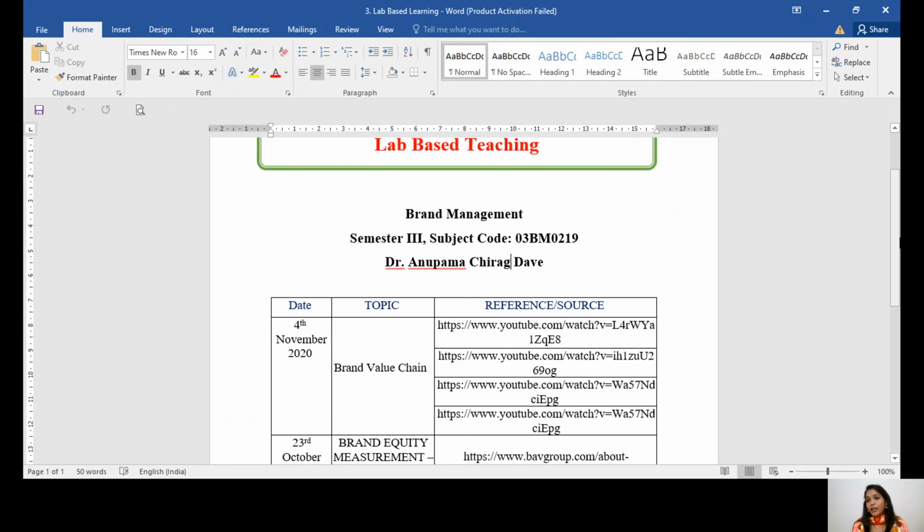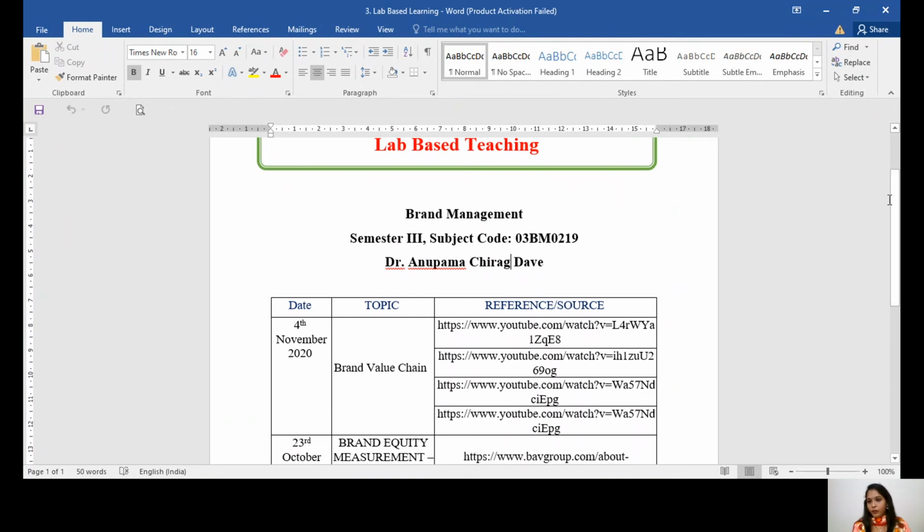So I used to take them to the computer labs, and ask them to open certain websites of certain companies, and then I used to teach them the concepts, and then ask them to identify from the website of that particular company how we can correlate it with the concepts that we have discussed.